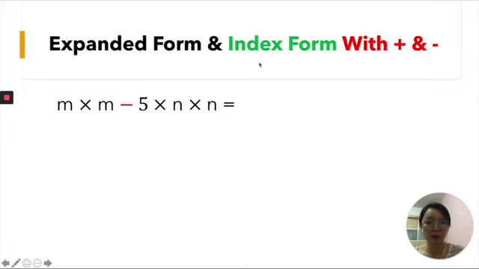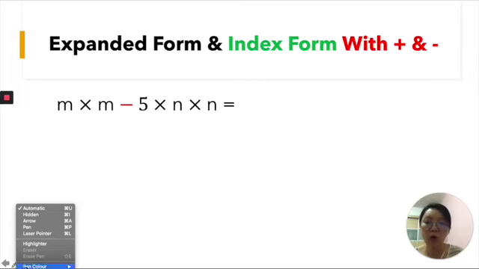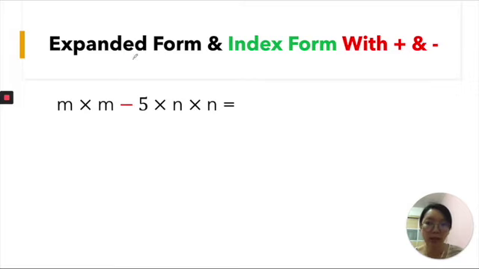Expanded form and index form. We learned earlier m times m minus 5 times n times n. This is a very long one. Very long with multiply in between. This is what we call expanded form. And from this expanded form, we can change to a very simple one called index form. How?